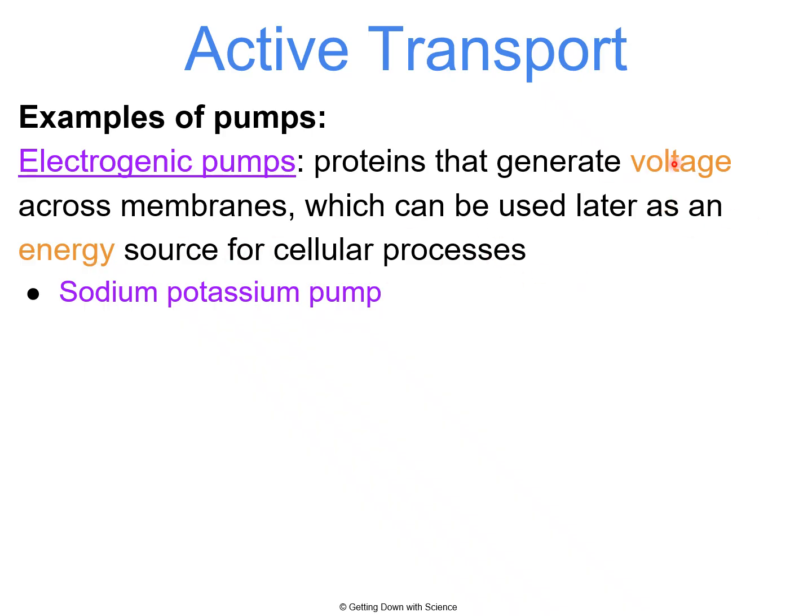So this can be used during other cellular processes as energy. Here are some examples of electrogenic pumps. We have the sodium potassium pump, and as the name suggests, the two ions involved in this type of pump are sodium ions and potassium ions.